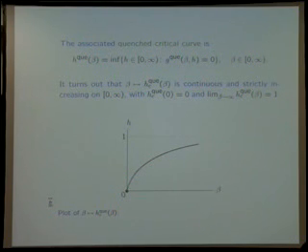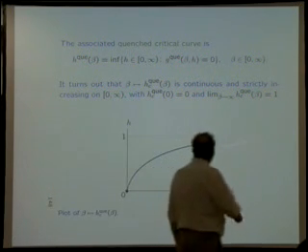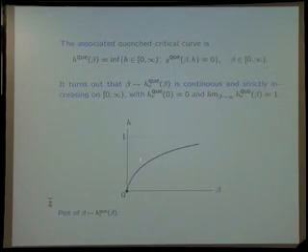I'm working with Erwin Bolthausen on trying to do that, but I'm not going to take that route here. We're going to take a somewhat more moderate route, and I'm going to give you 3 theorems, one that gives an upper bound for this curve, one that gives a lower bound for this curve, and one that is telling us something about what is happening down here.